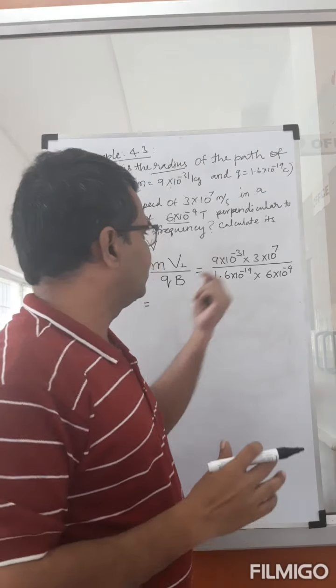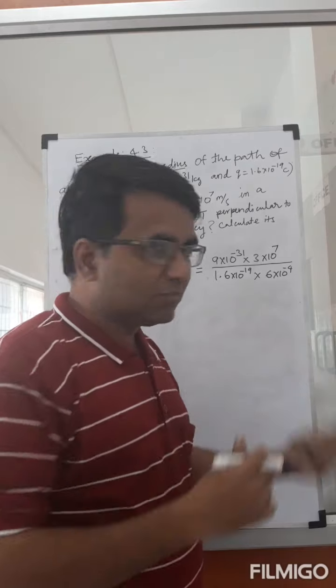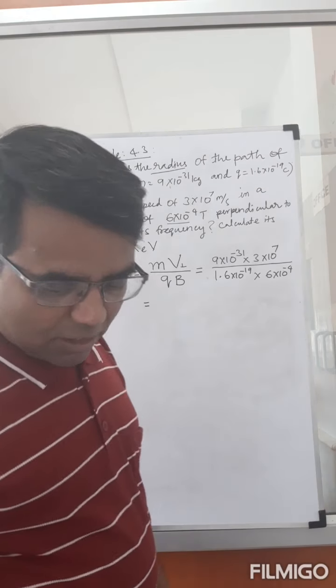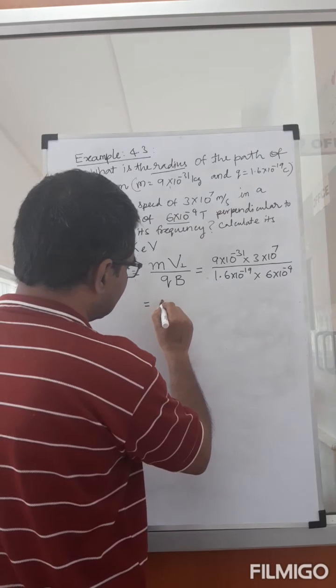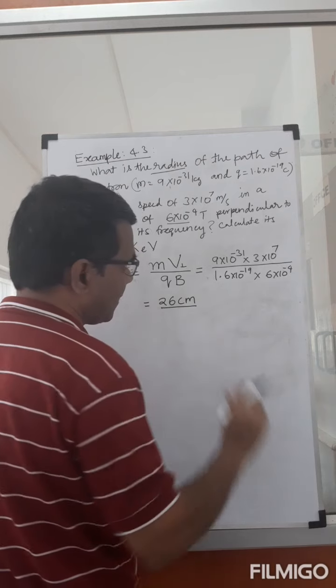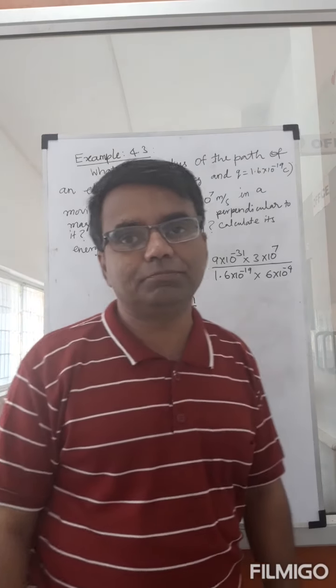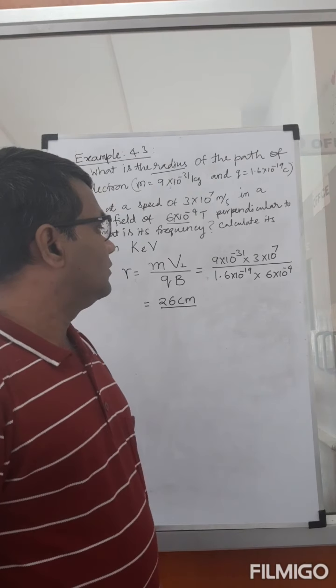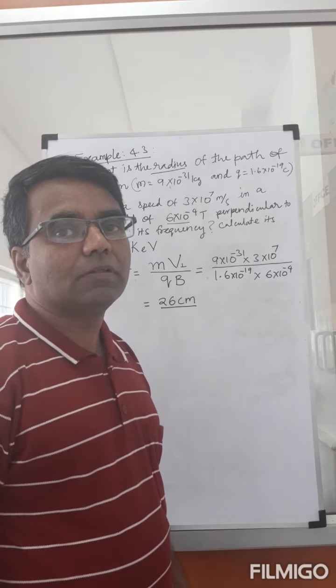So if I manipulate the numbers, then I'm going to get R value to be equal to 26 centimeters.